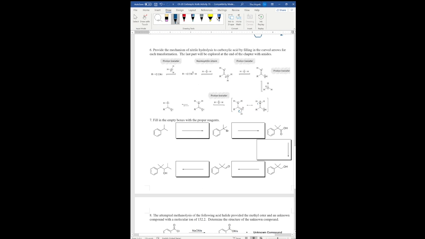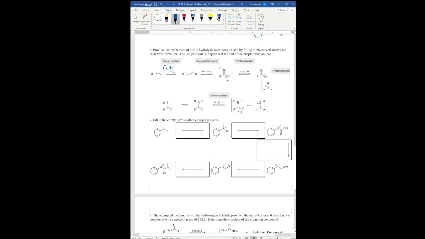Now let's move on to number 6. In number 6, we have to provide a mechanism of nitrile hydrolysis to carboxylic acid by filling in all these curved arrows. This reaction starts with a proton transfer step where the nitrogen group will take away one hydrogen from the acid, and this will create an activated nitrile group.